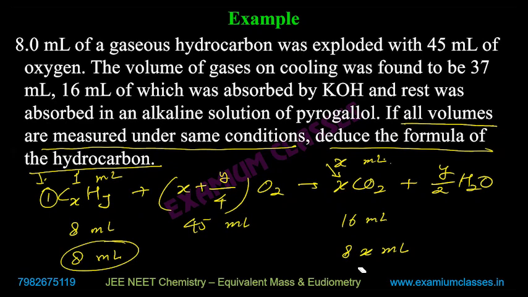I'm applying a simple stoichiometric relationship. If A plus B gives you XC plus D, it means 1 mole of this gives X moles of this one, 8 moles will give 8X moles. That's the logic I am applying here.